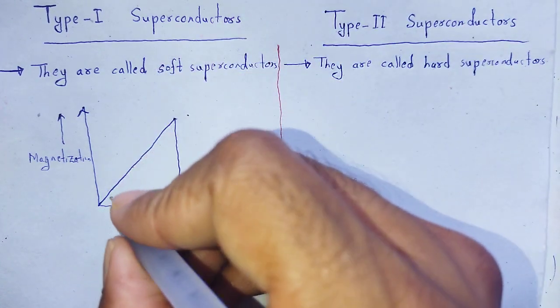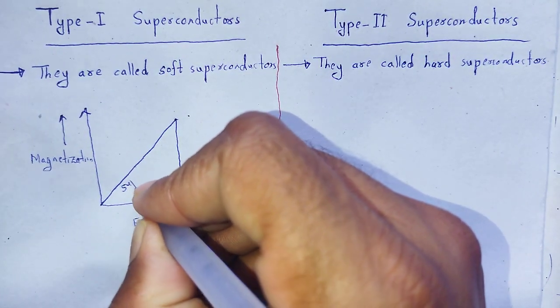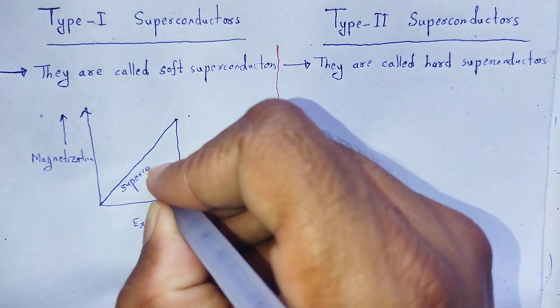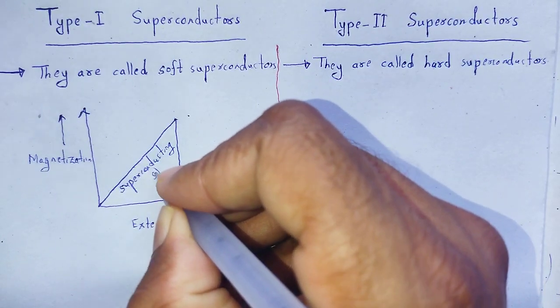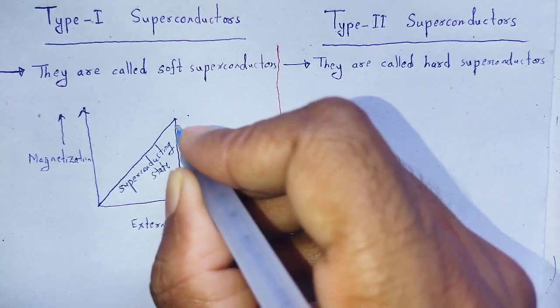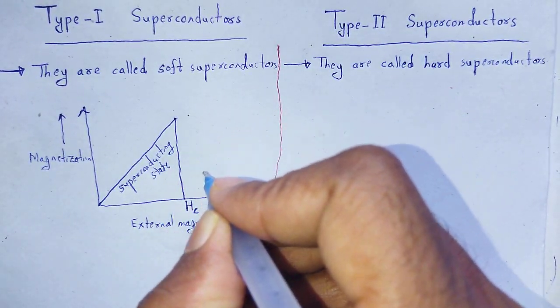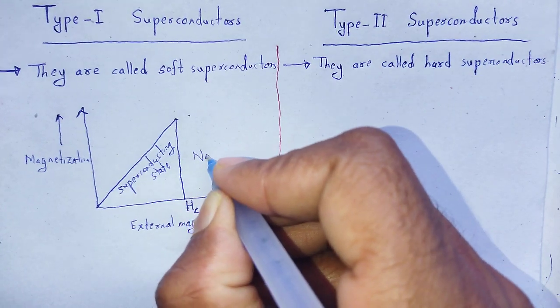Below it is the superconducting state. After that Hc, the state we obtain is the normal state.